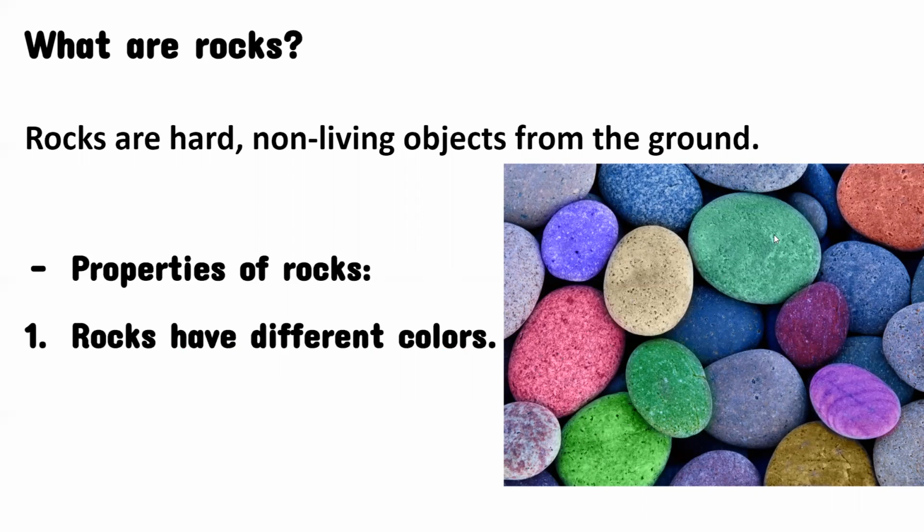We have many colors of rocks, different colors. So is color a property of rocks? Yes, it is, because we have different colors and we can differentiate between rocks by seeing their color. Okay, we can differentiate. يعني بنقدر نقول إنه هذا الحجر بيختلف عن الحجر just by looking at its color.